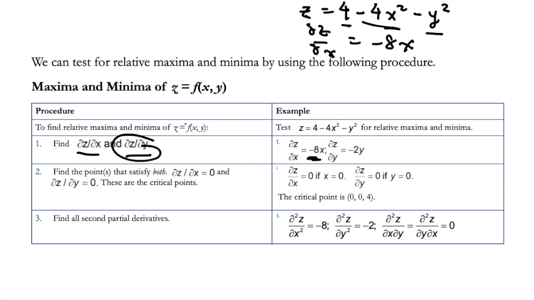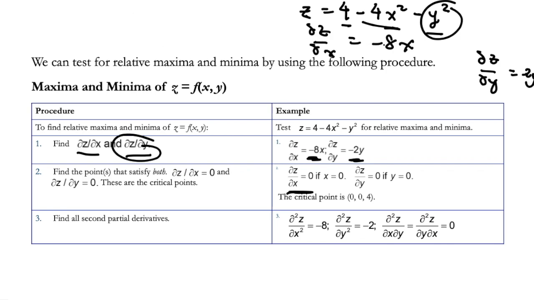For delta z over delta y, we have minus 2y, which is this. Okay. Now, once we have this and this, we need to find x and y at this particular point.